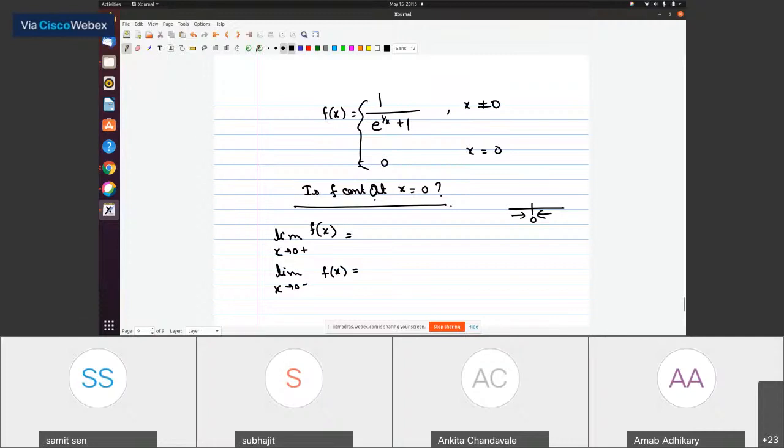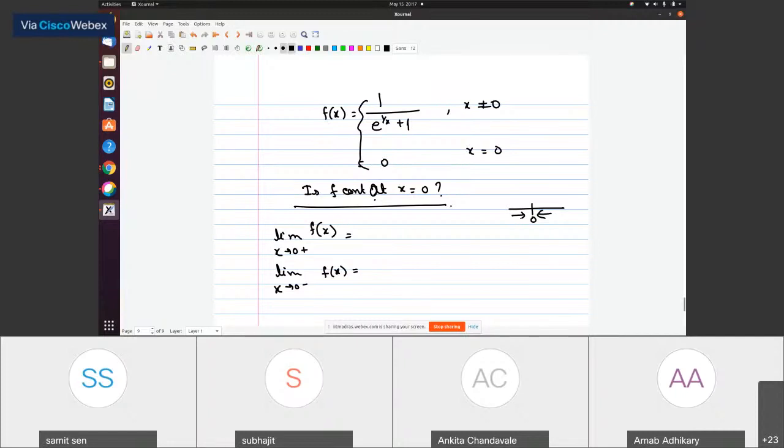Then left hand side is e to the power minus infinity, because we are approaching from the minus side towards 0. So 1 by 0 is infinity, and 1 by infinity again is 0. So you are saying it is continuous at 0.